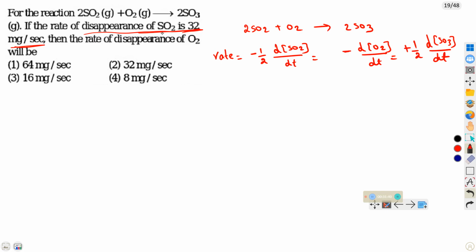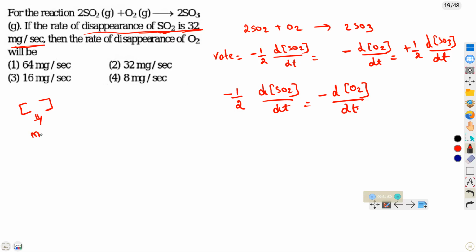Now here, the relation between SO2 and O2. That's the reason: minus 1 by 2 dSO2 by dt is equal to minus dO2 by dt. Here square brackets represent concentration expressed in terms of molarity.